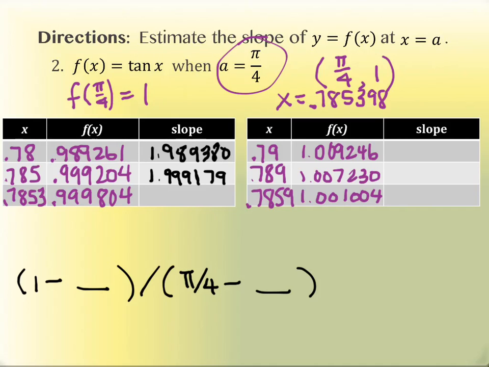All of these have 6 values on the f of x value, so that's actually kind of nice. 0.999804, and then 0.7853. And this number is 1.996671. What does it look like those slope values are getting close to? They look like they're getting really close to the number 2. Let's try it from the other side then and see what happens.